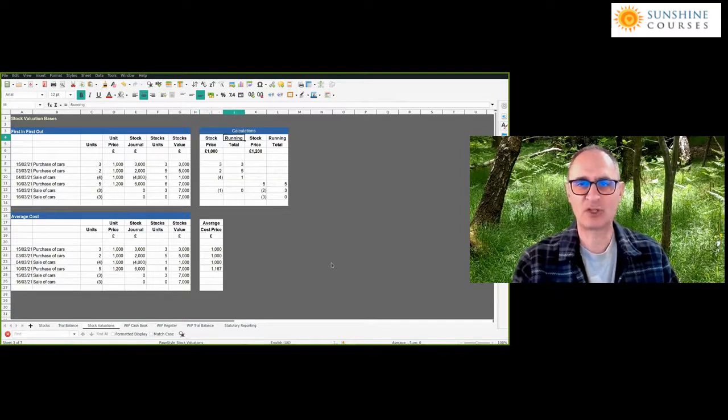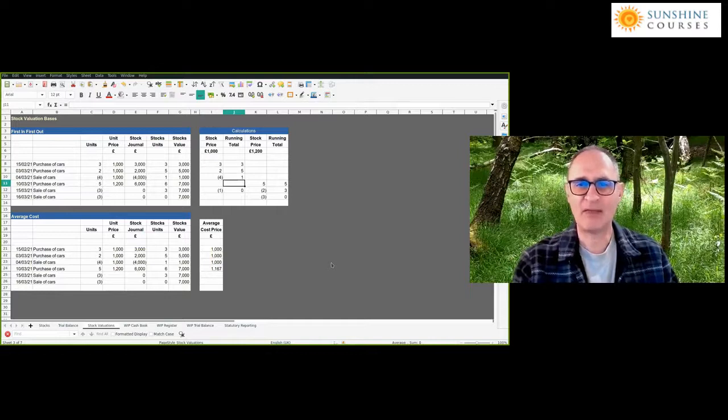So I'm keeping the stock levels for stock I bought at £1,000 and the stock levels for stock I bought at £1,200. So when I bought the three cars for £1,000, I bought three of them in the £1,000 category. And in total, there's three of them. I bought another two at £1,000, that's five of them. I now sell four of them. I've only got one left at that price.